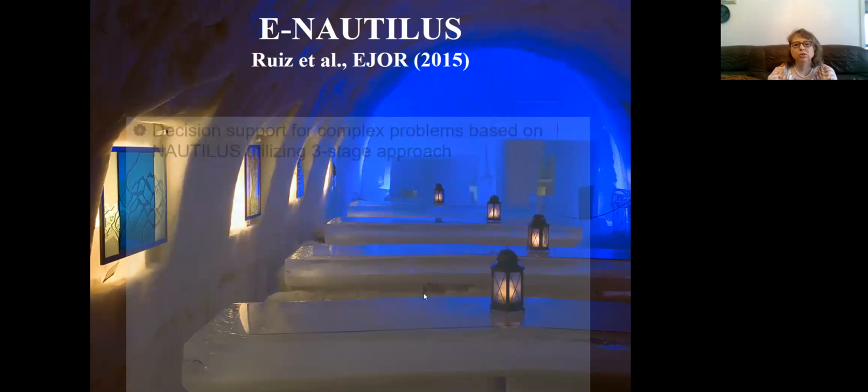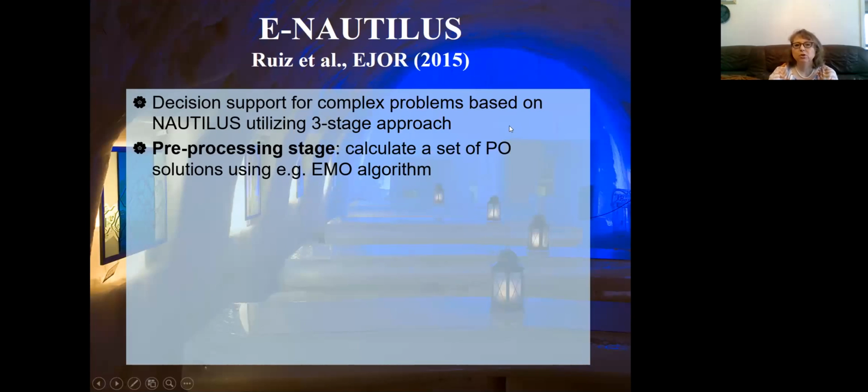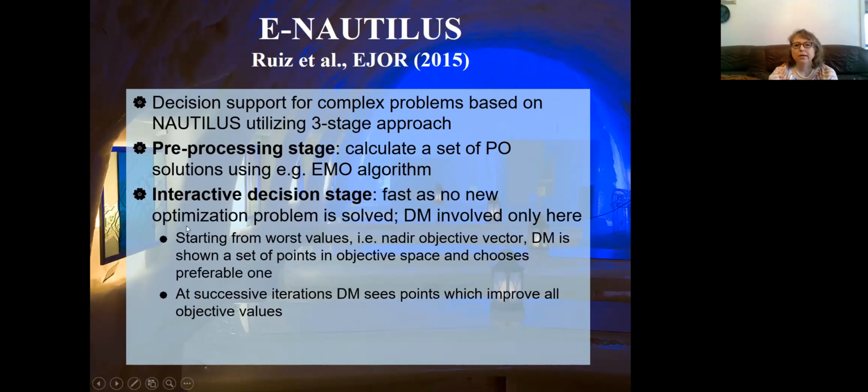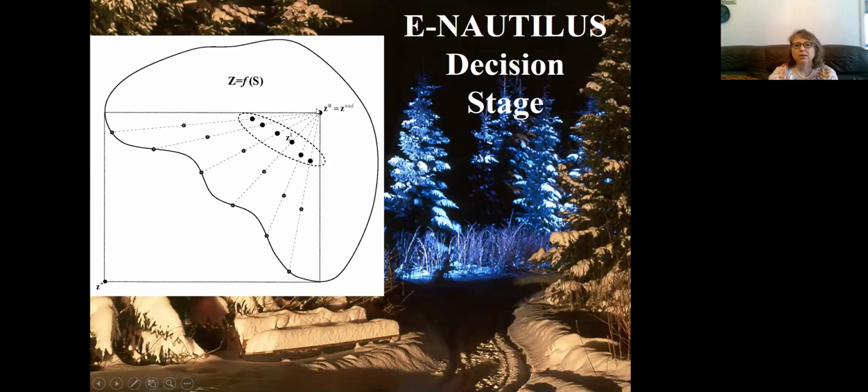The E-Nautilus method is also similar in terms of first creating a set of Pareto optimal solutions or a representation with an a posteriori method, then applying Nautilus thinking, and then having the projection step. And for example, here's the idea that the decision maker can say how many solutions one wants to see. So for example, in this case, the decision maker has said that one wants to see 6 solutions.